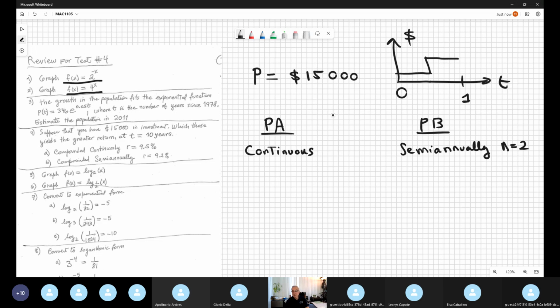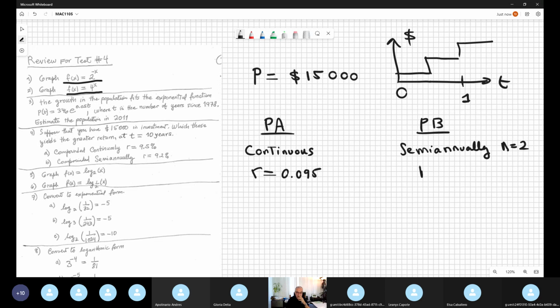And for the next year, a similar situation. Do you understand the idea? Compounding and equal to. And the interest rate for the continuous is 0.095. It's present in decimal, no 9.5. You move the decimal point 2 places to the left because you are dividing by 100.